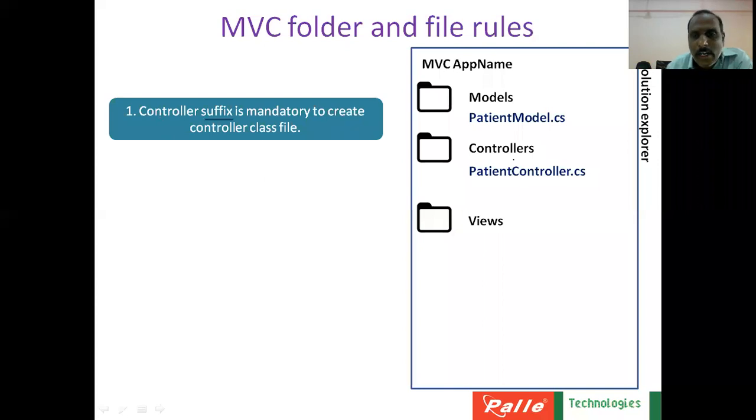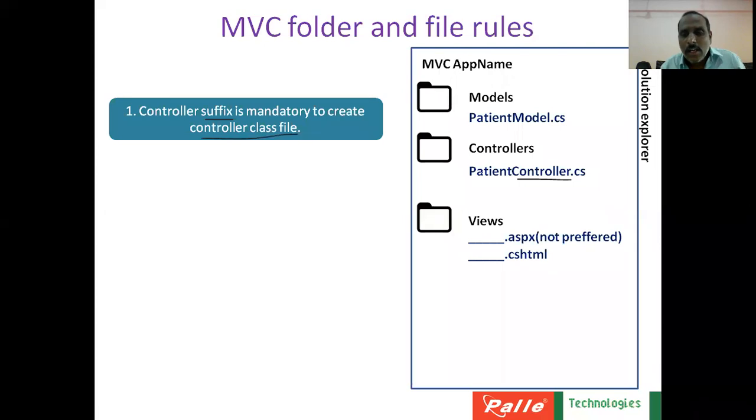These things are very much important. I have written all the rules, whatever I have explained. Controller suffix is mandatory while creating the controller class file. Next, normally all your views must be created inside the Views folder. In MVC applications, you can create the views either by using .aspx files or by using .cshtml files.